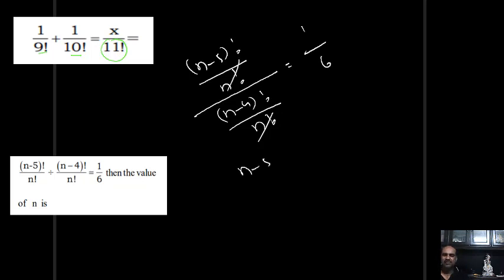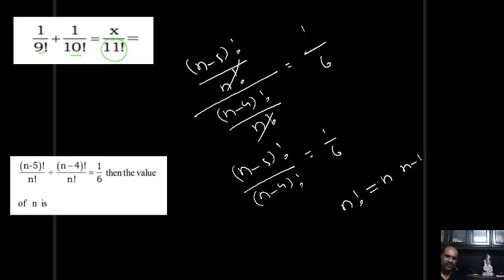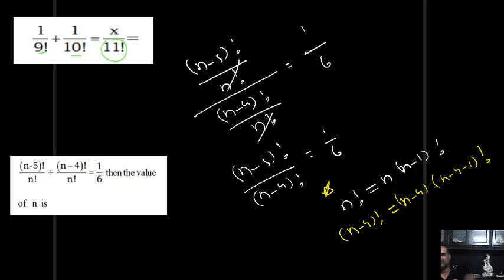So what happened? (n−5)!/(n−4)! equals 1/6. Observe. n! can be written as n into (n−1)!. Take (n−4)!. (n−4)! can be written as (n−4) into (n−4−1)! according to this property. n! means n into (n−1)!, so (n−4)! means (n−4) into (n−5)!.